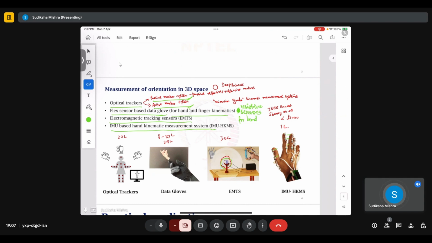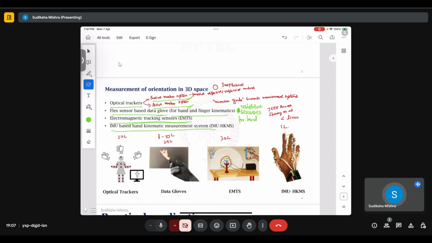There are also electromagnetic tracking sensors, which lead to the production of an electromagnetic force upon movement, and this is slightly more accurate than data gloves.